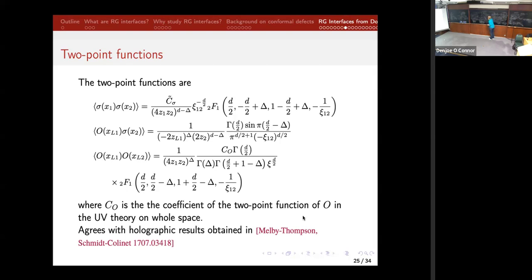So I also haven't defined this cross ratio. This psi 1, 2 is just x1 minus x2 squared over 4 z1 z2.